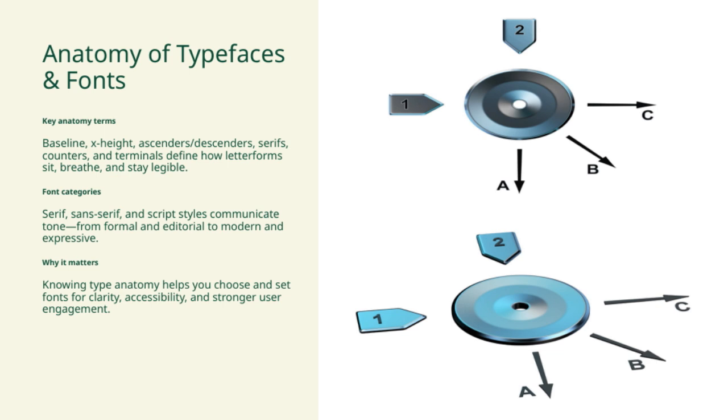Serifs are those small strokes at the ends of characters, giving a different feel compared to sans serif fonts. Counters are the enclosed areas within letters like O or P, and terminals are the finishing strokes of letters. By understanding these key anatomy terms, you can better analyze and choose typefaces that fit your design goals, making your content clearer and more engaging for your audience.